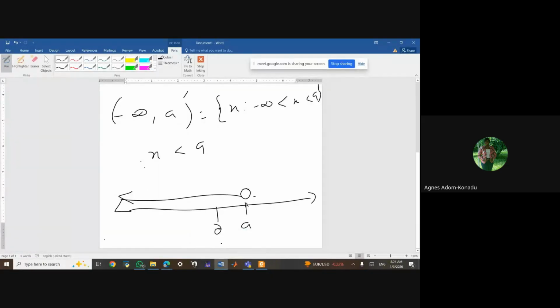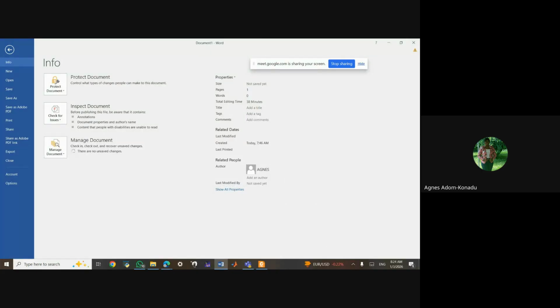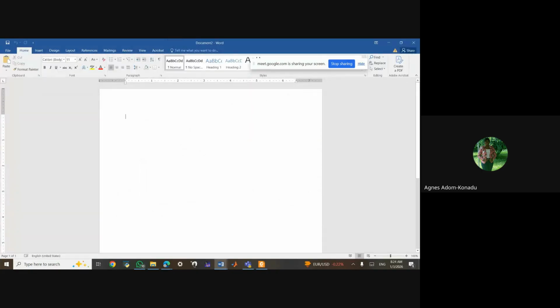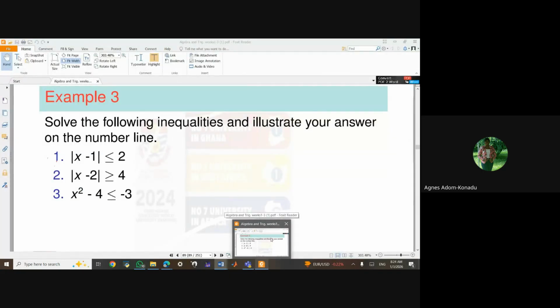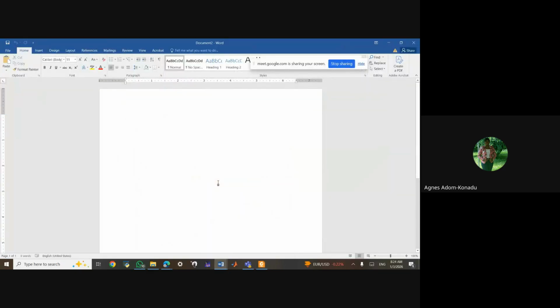So we want to solve the absolute value of x minus 1 less than or equal to 2.